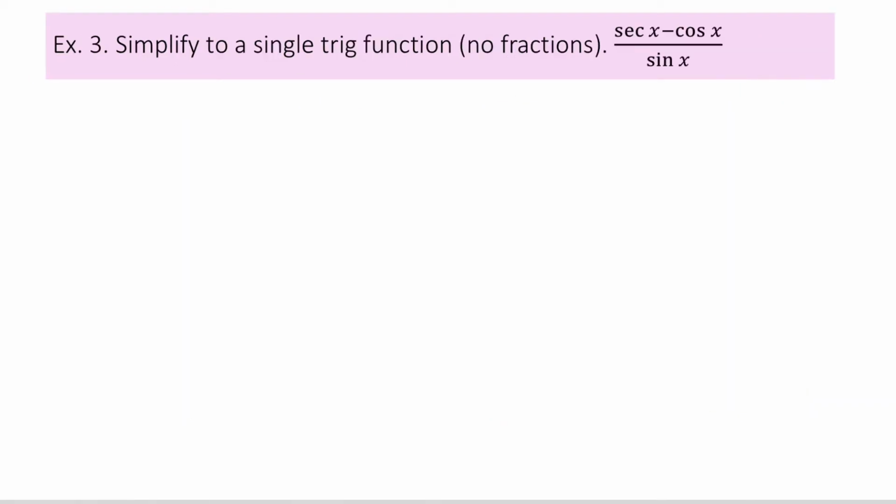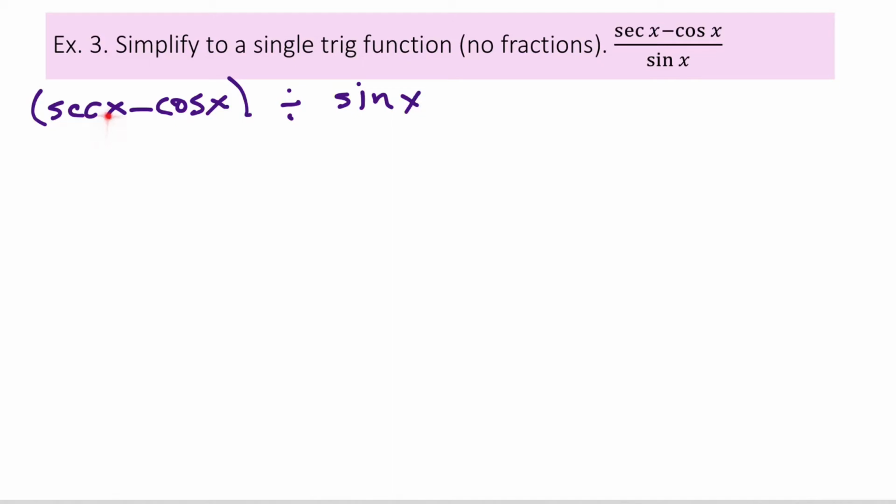So looking at example 3, it says simplify to a single trig function, no fractions again, but this time we have a little bit more complicated of an expression. So let's rewrite it. So we've got the secant of x minus the cosine of x, and all of that will be divided by the sine of x. So let's work on simplifying this part a little here.